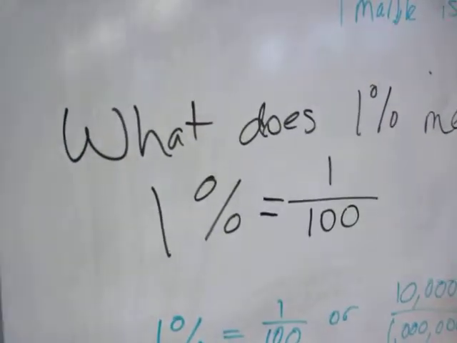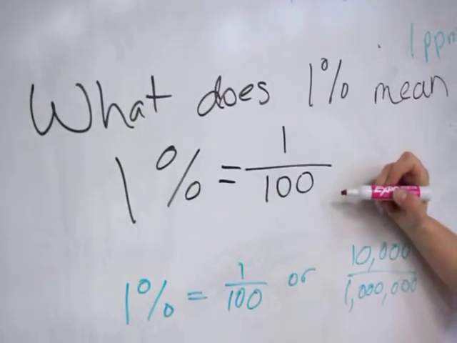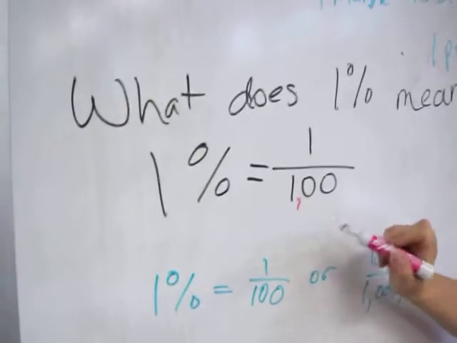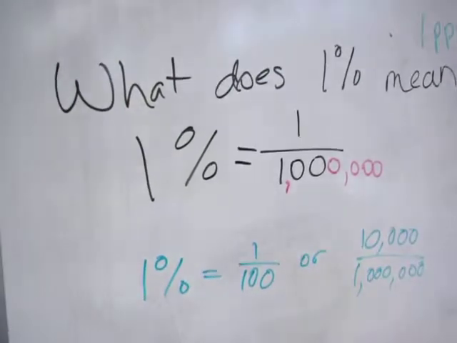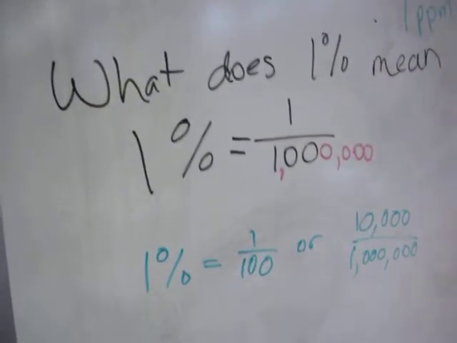I'm going to show you the way I think this through. So, if I know that I've got 1 out of 100, and I want to turn that into how many out of a million, here's what I do. I say I want this bottom number to be a million instead of 100. How many zeros did I have to add to make that happen? 4.